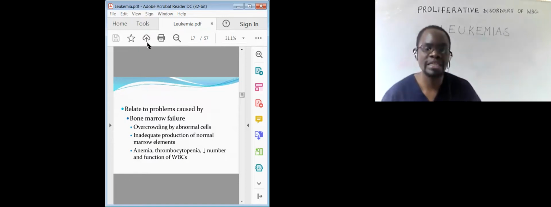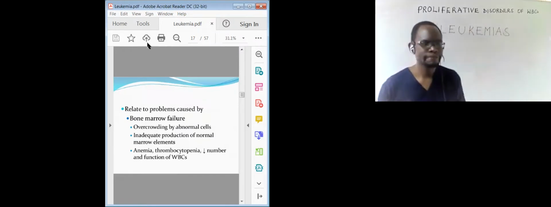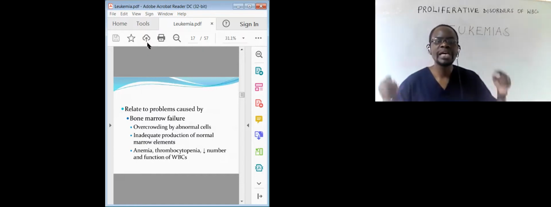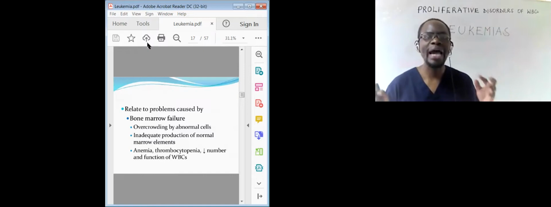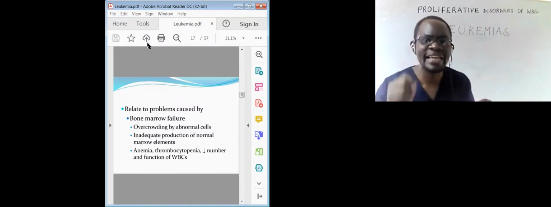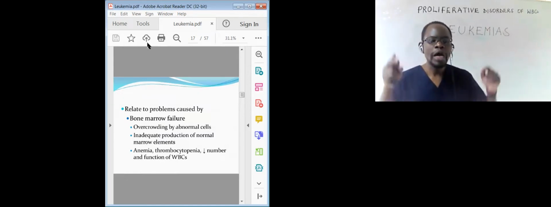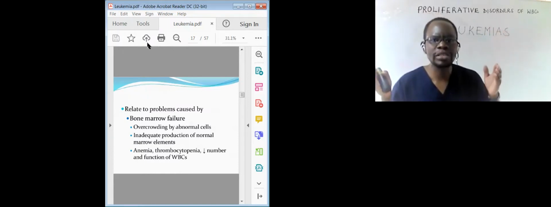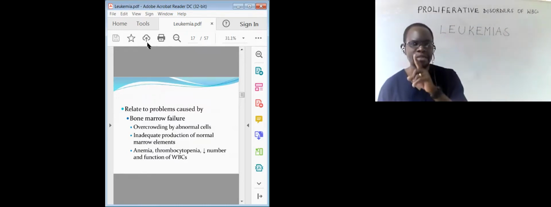Because even the production of platelets will also be affected. Why do we have a decrease in the function of the white blood cells? Because the large numbers of the cells within the bone marrow are undifferentiated and therefore are unable to perform their function. So the little normal white blood cells, their function is basically decreased. I hope you understand that.